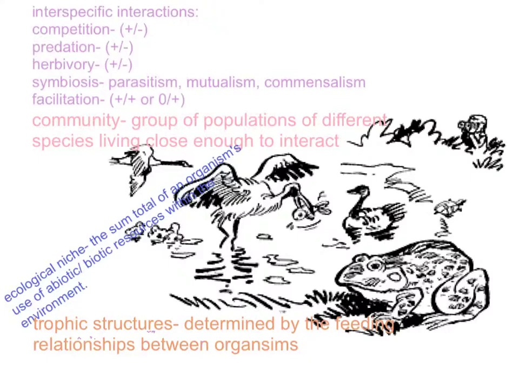A community is a group of populations of different species living close enough to interact. So here in this picture you have in the background a bunch of animals like birds and fish and frogs, grasslands, and they are one community because they're just a group of different organisms, as you can see here.